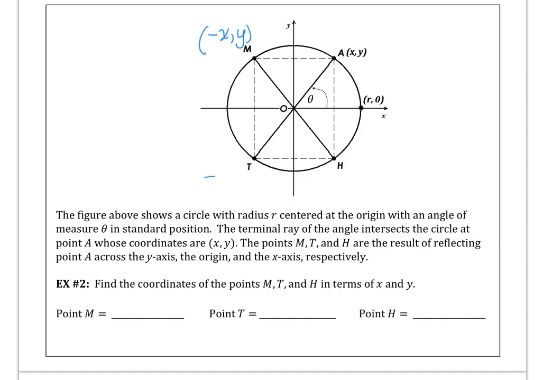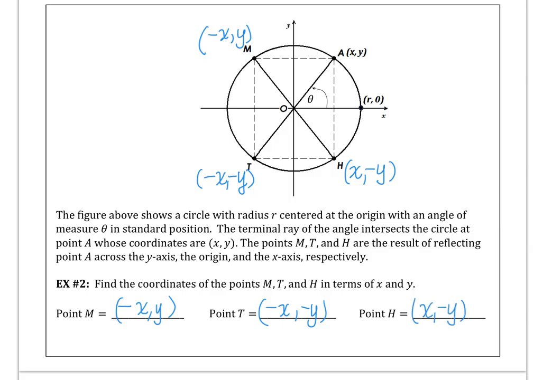Point T would have a negative x coordinate and a negative y coordinate, and point H would have a positive x coordinate and a negative y coordinate. So we can record that here in our notes. Point T is negative on x and y, and point H is negative only on the y.